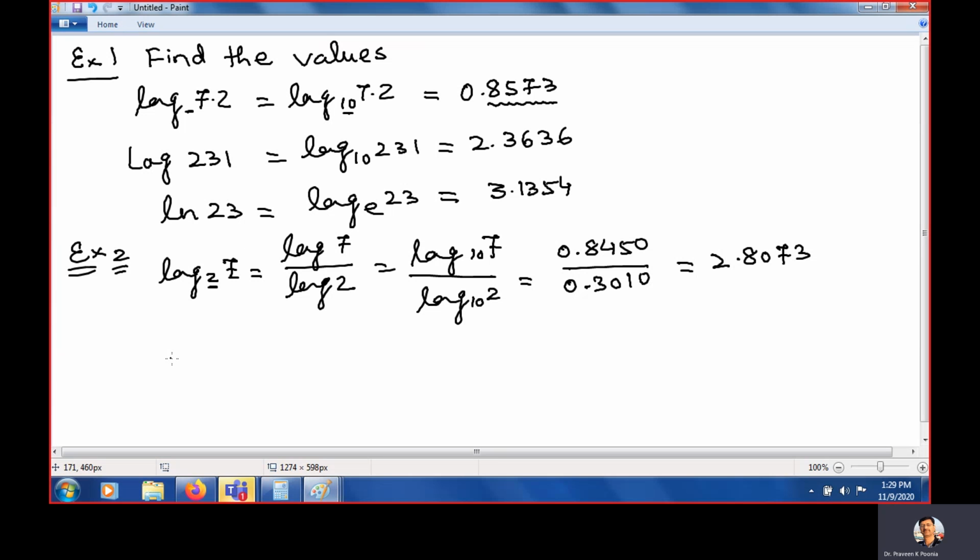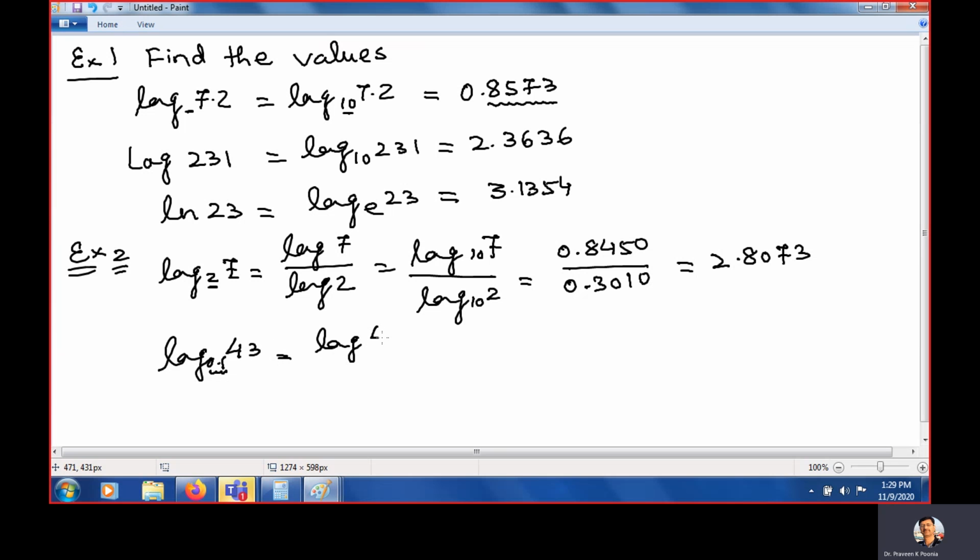Okay, let us solve one more question. It is log 43, and the base we are taking is 0.1. We have taken a base less than 1, 0.1. So what is the answer?